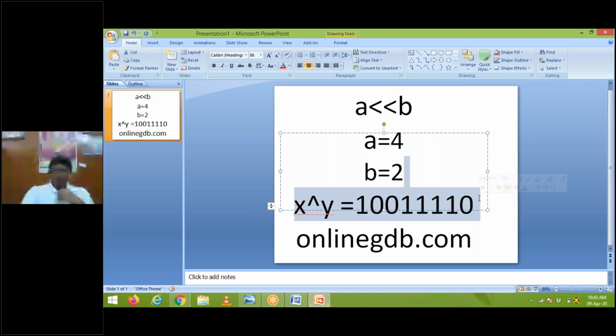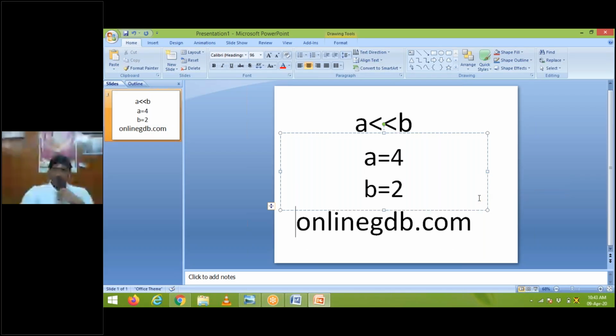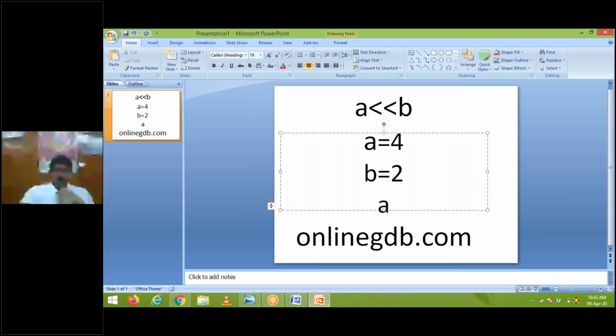Now we have to solve the program. A left shift B. It is very important in interviews also. These questions are asked very much.